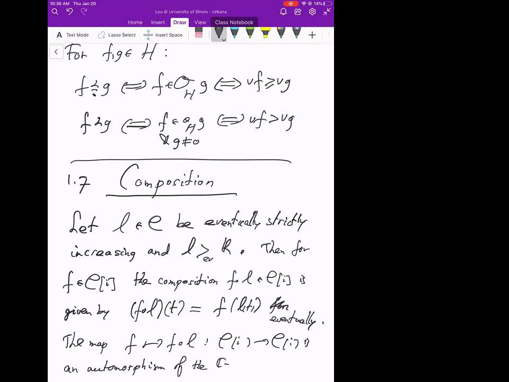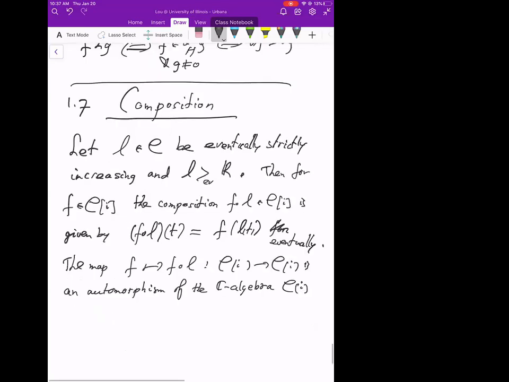Constants go to the same constants, complex constants. It maps C onto C, and respects the asymptotic relations in both directions.